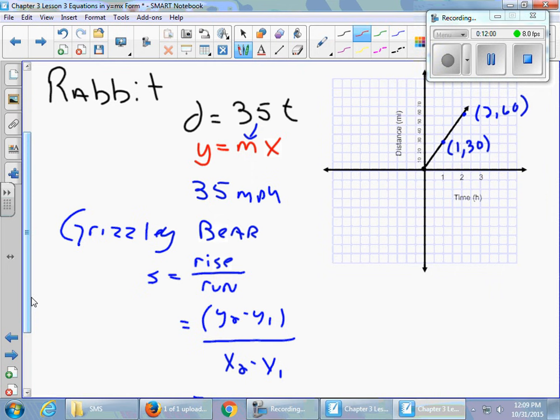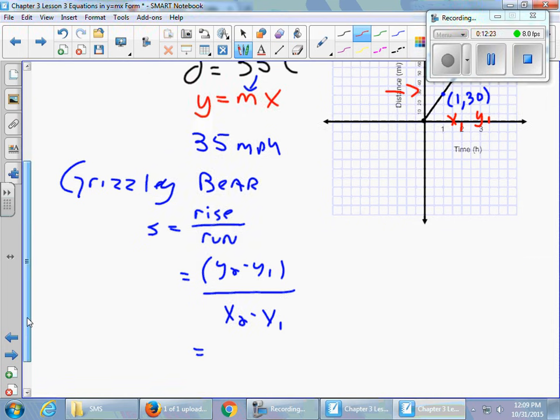I find it easier to label our points so that you know exactly what to plug in. Always go from left to right. So our first point from the left is 1, 30, so that's our x1, y1. Our next point is the 2, so x2, y2. Now we're just going to plug those into our formula.